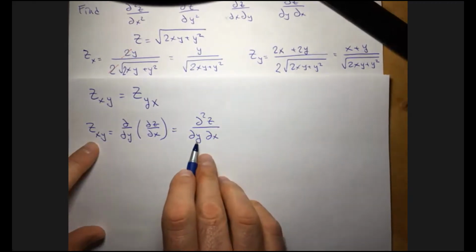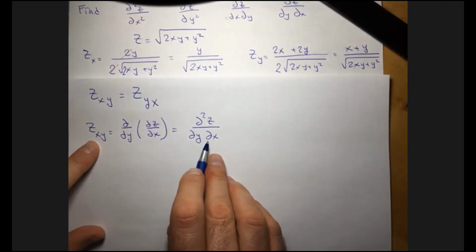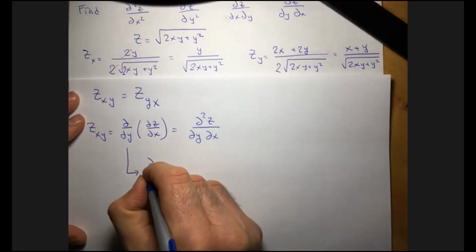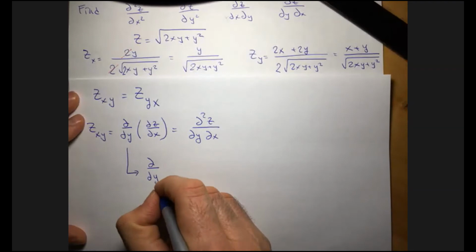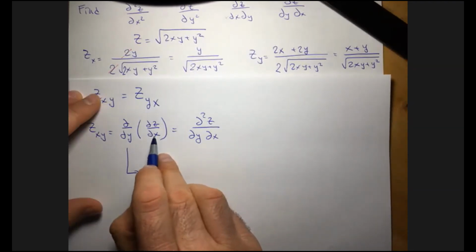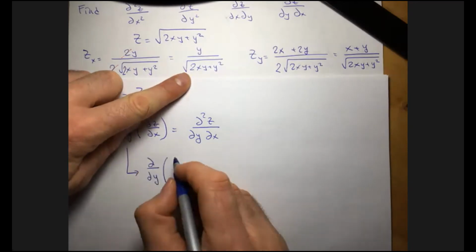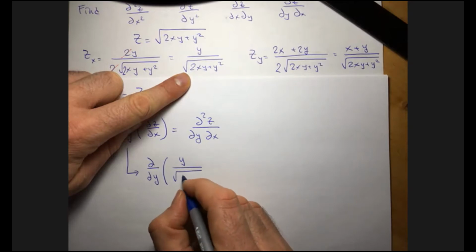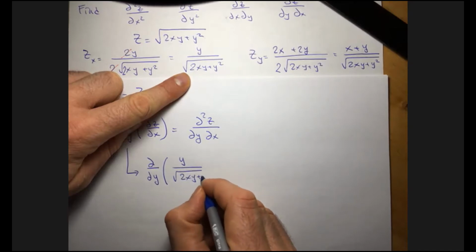The positioning is different. So be careful. So here I have the partial derivative with respect to y of partial z partial x, which is this one right here. So y over square root of 2xy plus y squared.